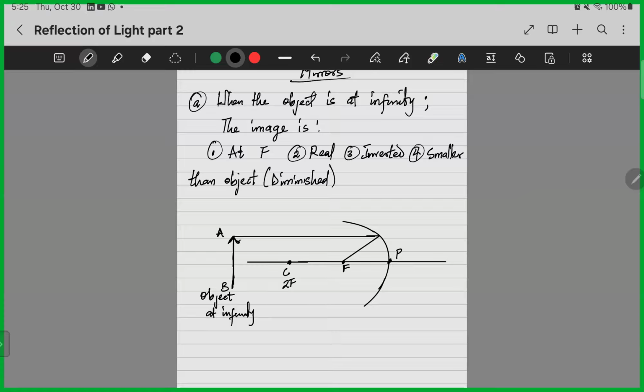And then this other part too, I trace it to hit the mirror. It will bounce to this point as well. You see that?